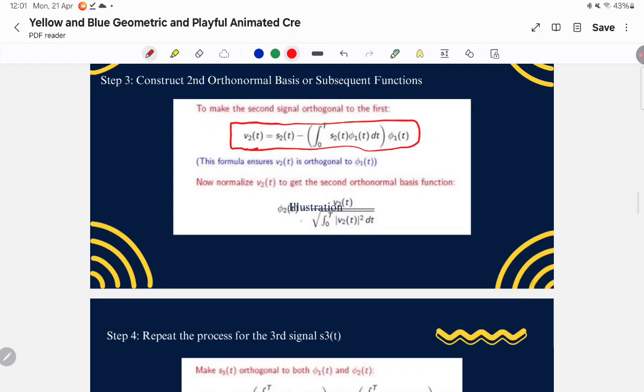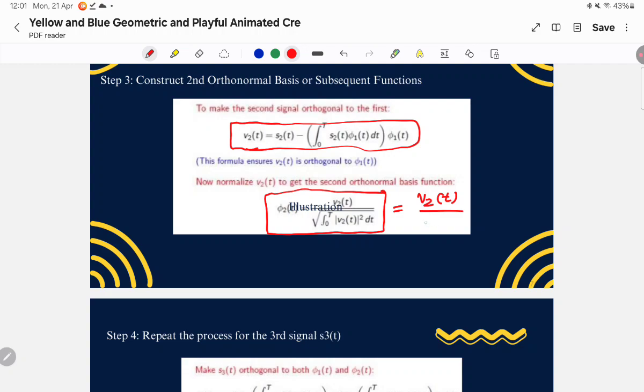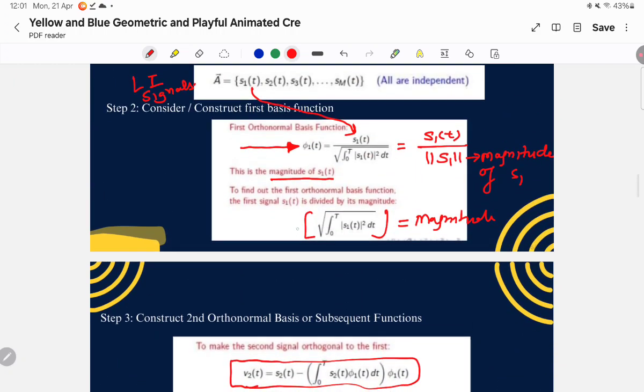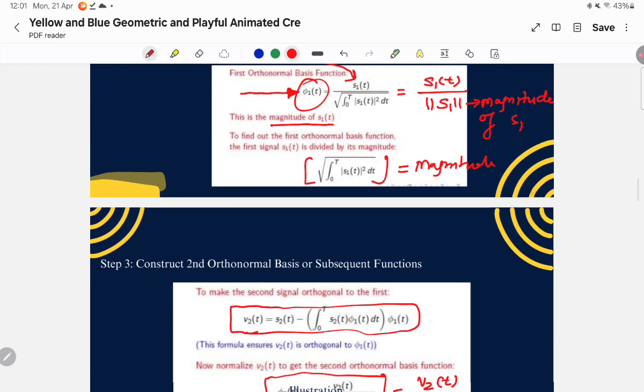Then again, this is the process of orthonormalization, means we are dividing V2 by its magnitude. Phi 1 is the first orthonormal basis function.